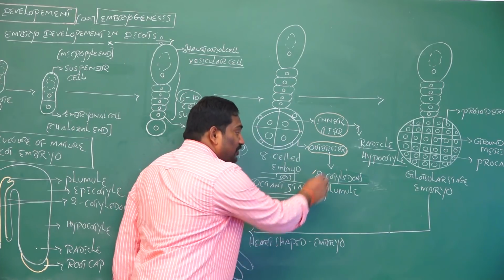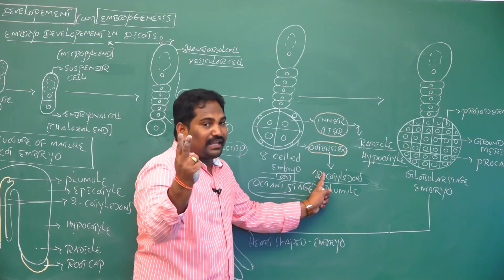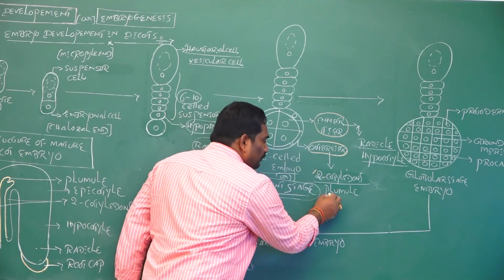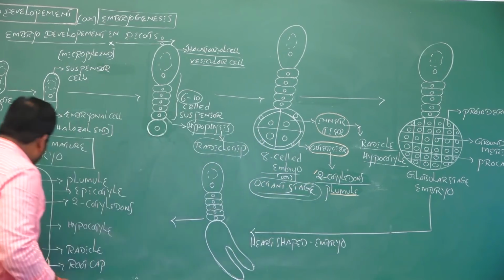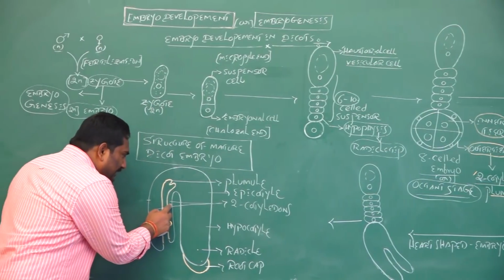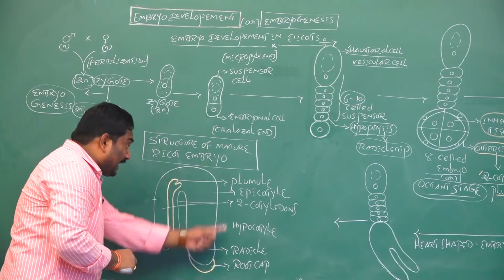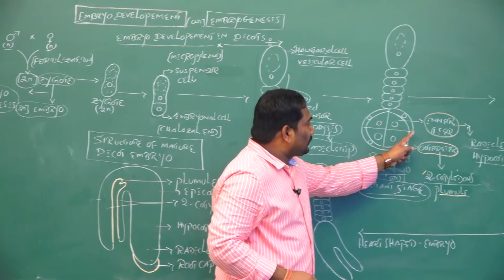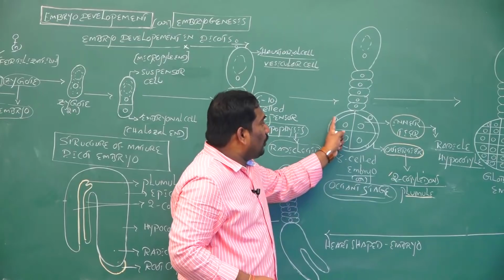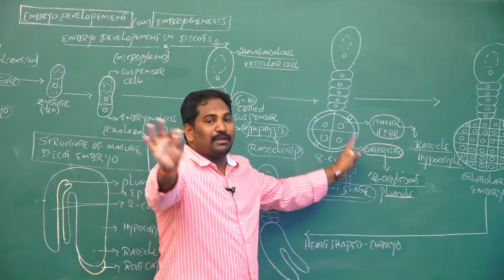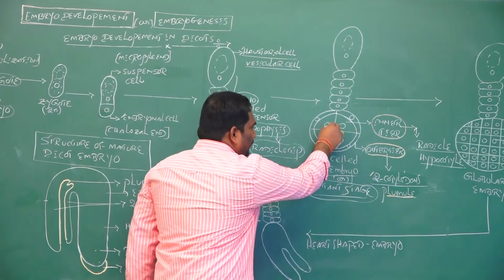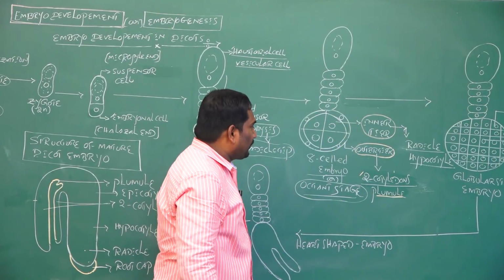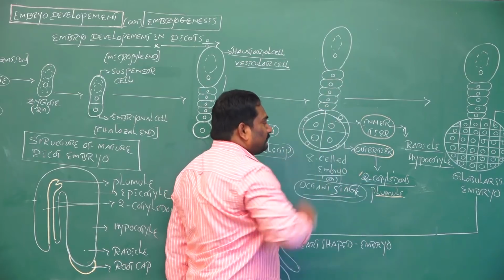The outer 4 cells of the octant embryo help in the formation of 2 cotyledons. How many cotyledons does a dicotyledon embryo have? 2. And the plumule. These 2 cotyledons and the plumule in the dicot embryo are formed by the outer tier, the outer 4 cells of the octant embryo. The inner 4 cells of the octant embryo are called the inner tier.